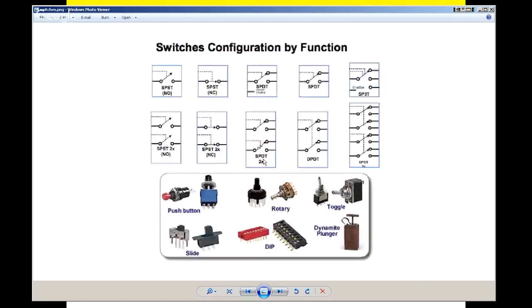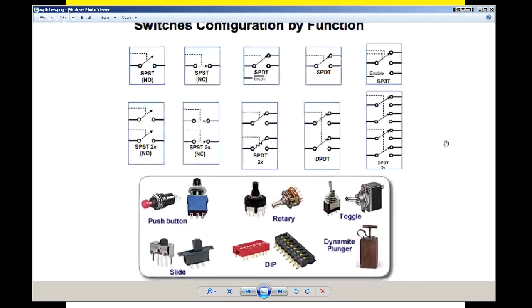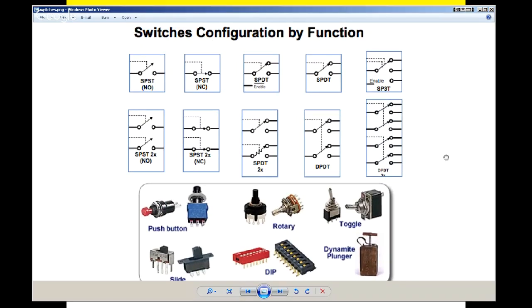This is a little representation of the different types of buttons that are out there. You have little dip buttons that would be a single or a double pole, single throw, possibly. I don't know why they have the dynamite plunger in there. You have a push button.